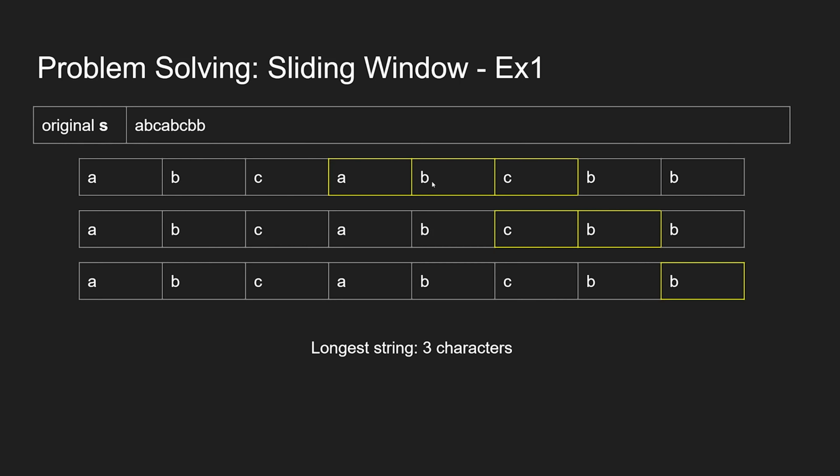We're dropping A and B, because when the window moves, you move the left of the window all the way so that you drop the actual repeating character. If you only remove one character, you're going to end up with BCB, and that's not valid because the B's are repeating.